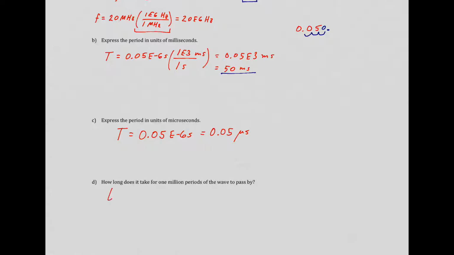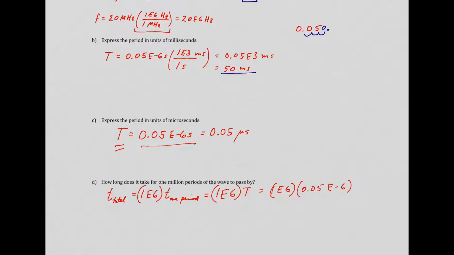Well, the total time is 1,000,000, 1e to the 6th, times the time needed for 1 period. But that's what we call the period, T. That is the time for 1 period. So it's 1e to the 6th times T. And I already know T is, so this is 1e to the 6th times, and I'll just use this version of T, 0.05 e to the minus 6.